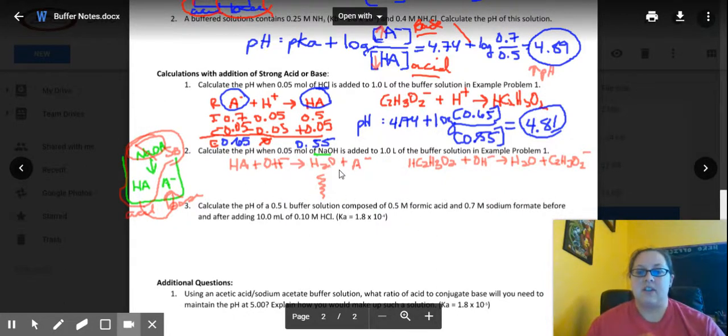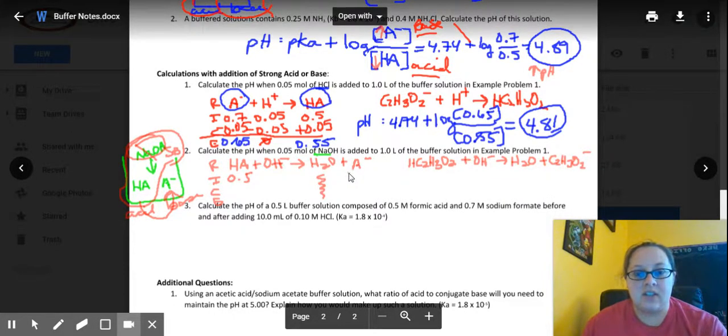So now let's figure out our information that we're going to plug in. So our RICE chart, RICE. So initial concentration of HA, it's the same as it was before. HA was 0.5. So again, we're referring to that first example problem up there. OH minus we'll look at just a second.